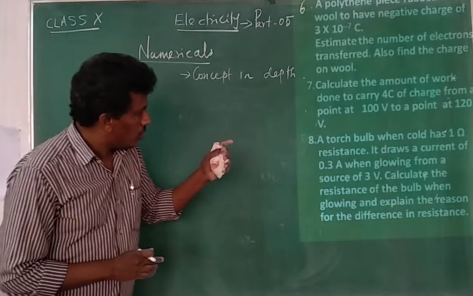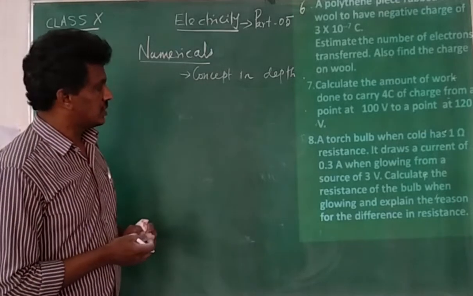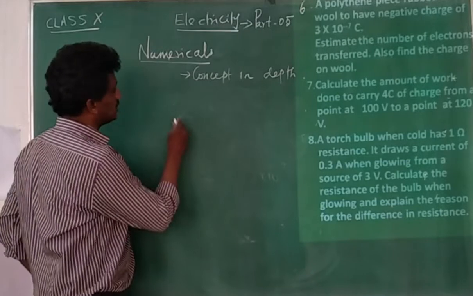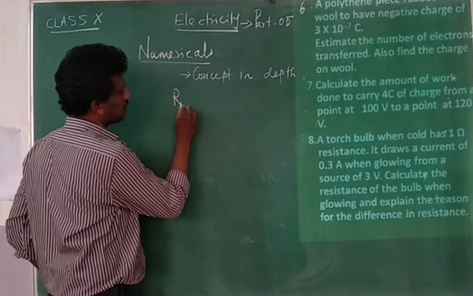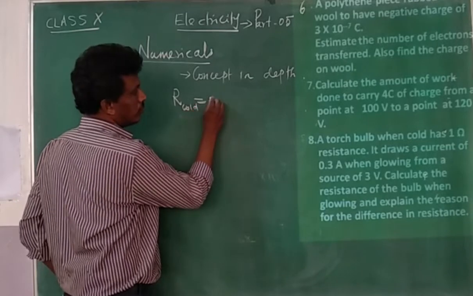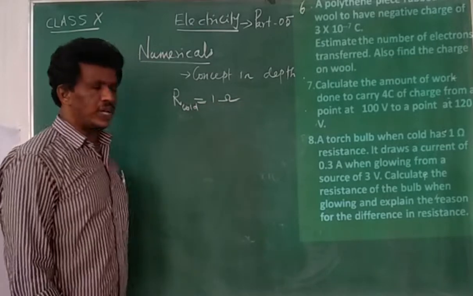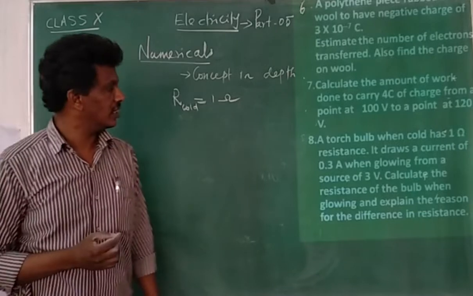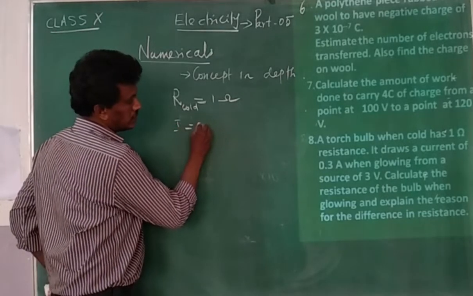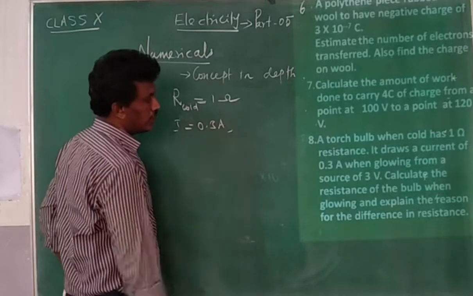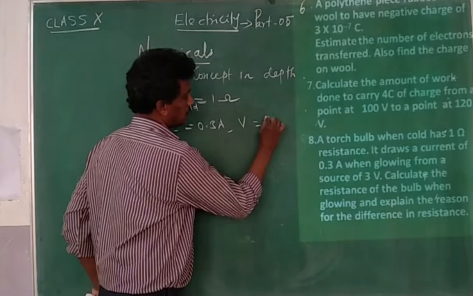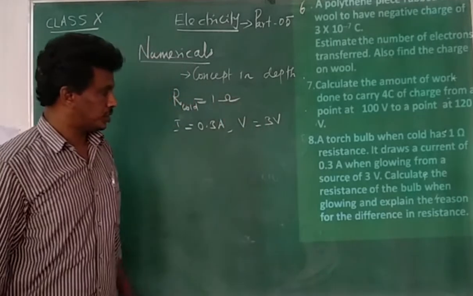Question number 9. Here a torch bulb when cold has 1 ohm resistance. So what is the resistance of the torch when it is cold? 1 ohm. Very interesting concept. It draws a current of 0.3 ampere with a source of potential difference of 3 volt.